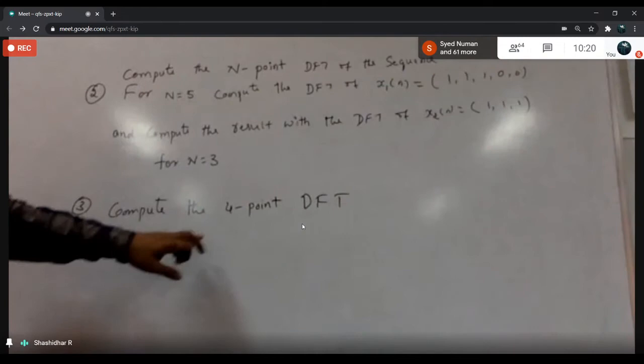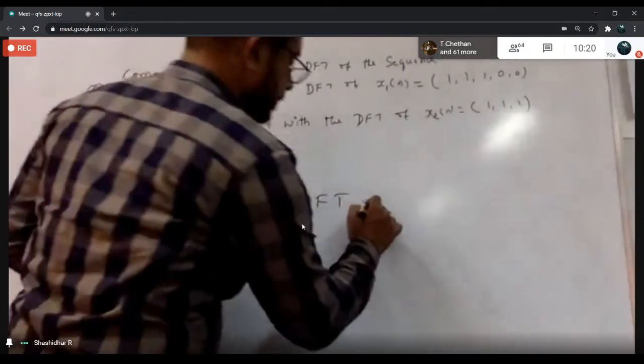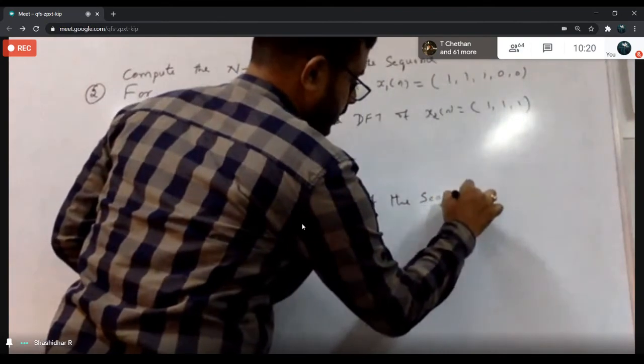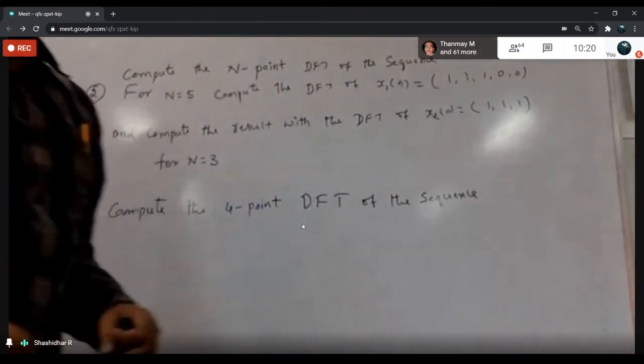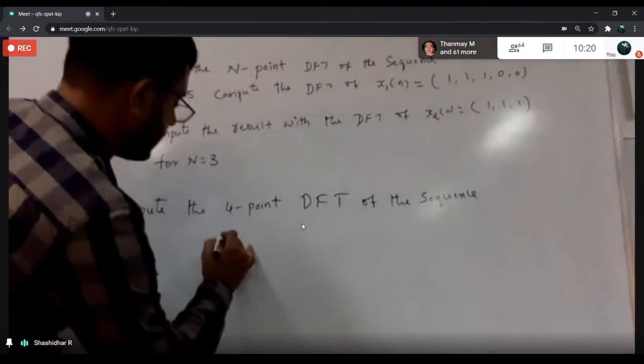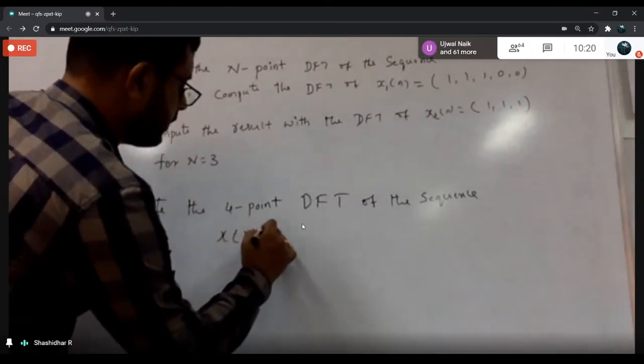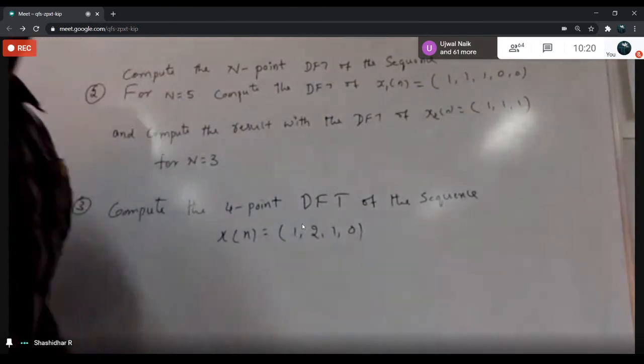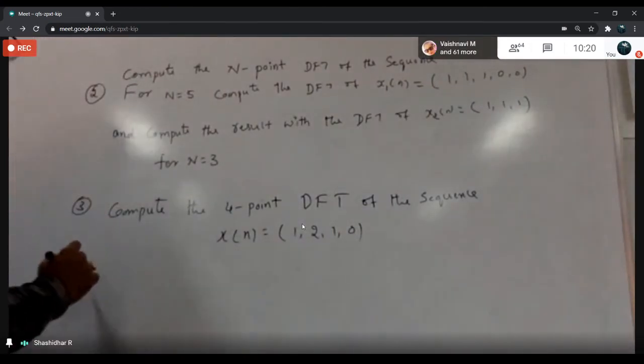So the 4-point DFT of the sequence x of n is equal to 1, 2, 1, 0. Okay, another one.